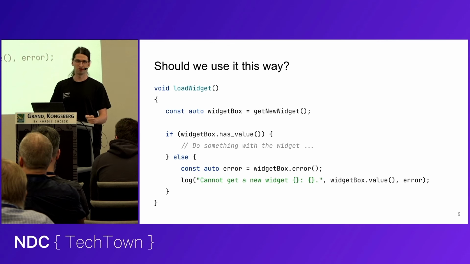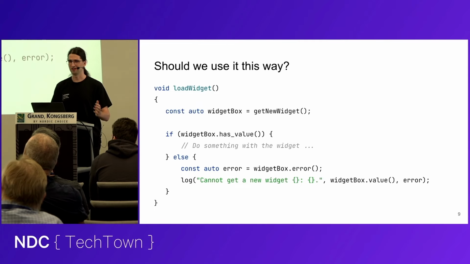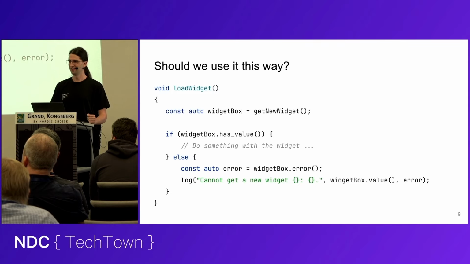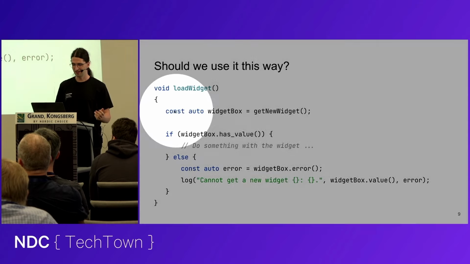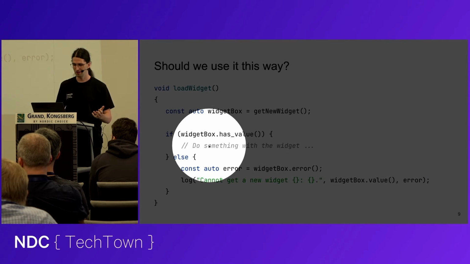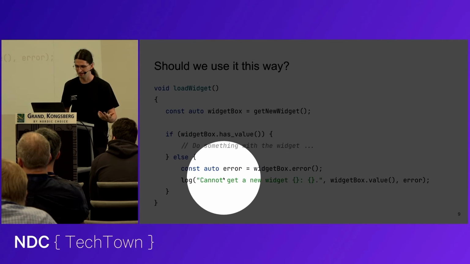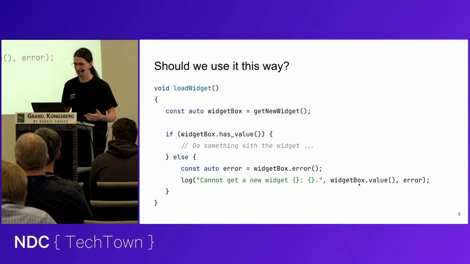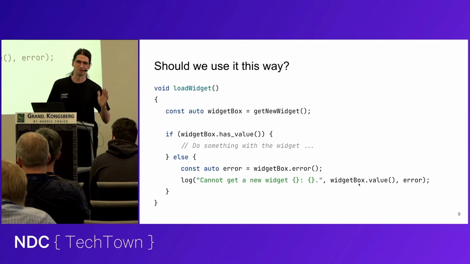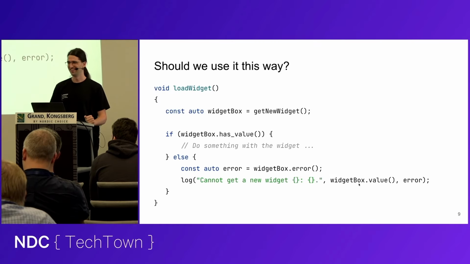Do you see what's wrong here on this particular slide in the else branch? That's correct. We check if it has a value, and if it doesn't contain a value, we're still trying to access the value. Don't even try to guess what happened in this particular case. We will talk about it.